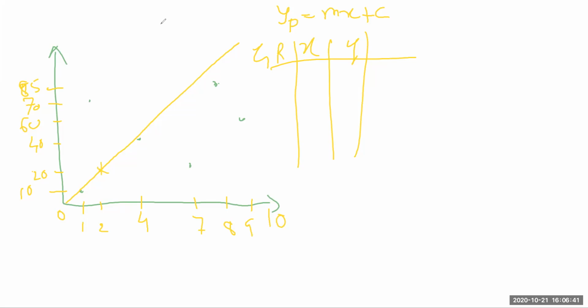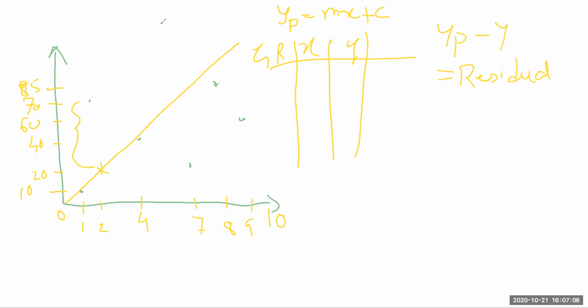That is what the model is saying. But actually the student has got a score of 70. So there's a difference between the observed value and the predicted value. That difference between the predicted value and the observed value is called the residual.